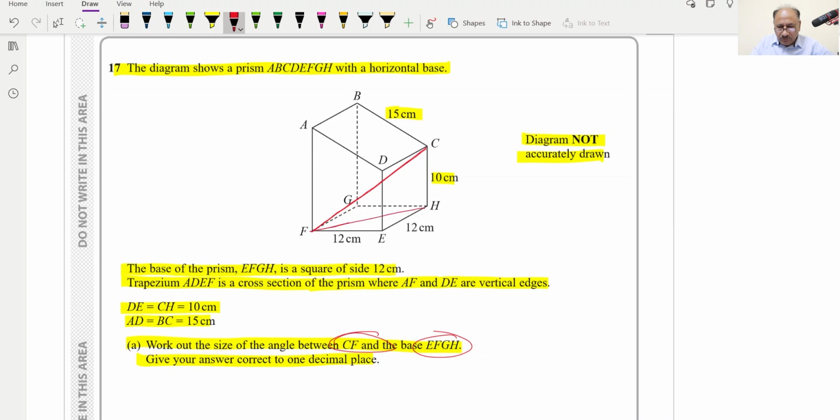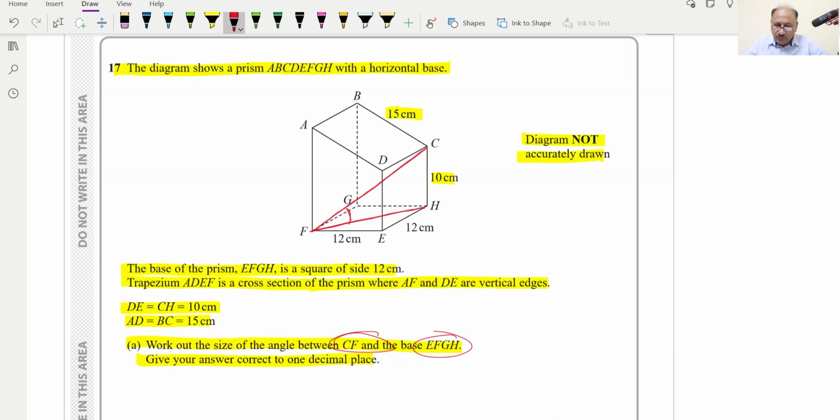So this line will be the diagonal of the base, and the target angle is what? Target angle is this one, which is HFC or CFH. So this angle is basically required.